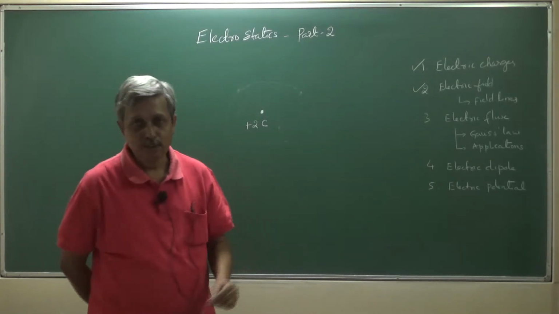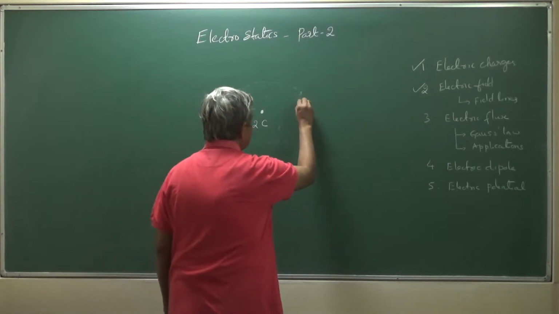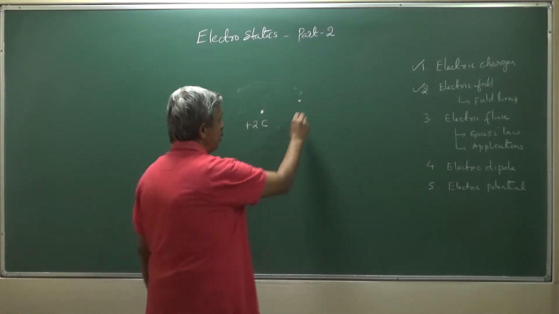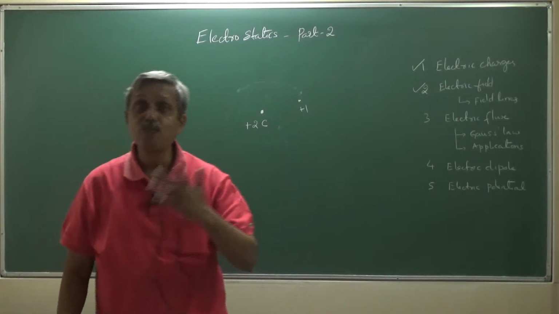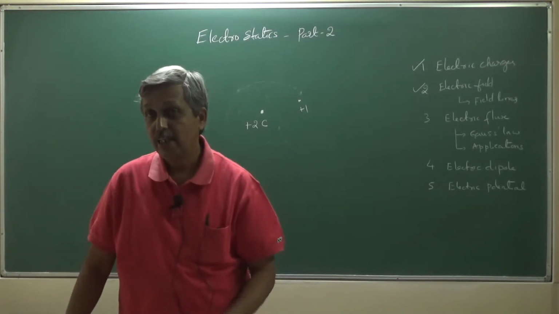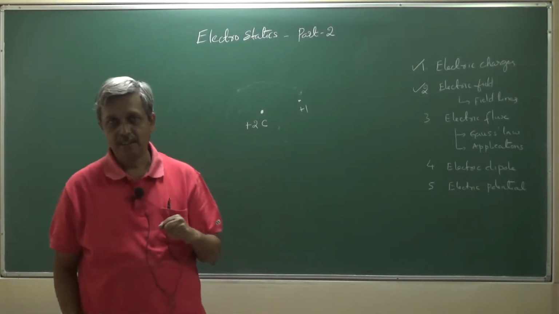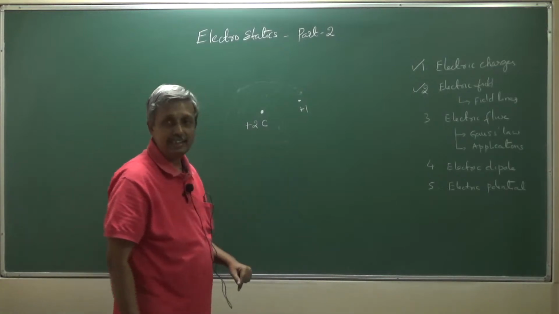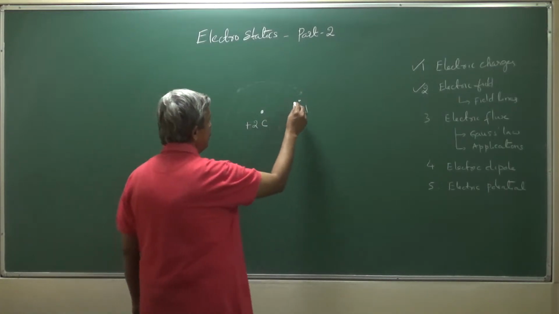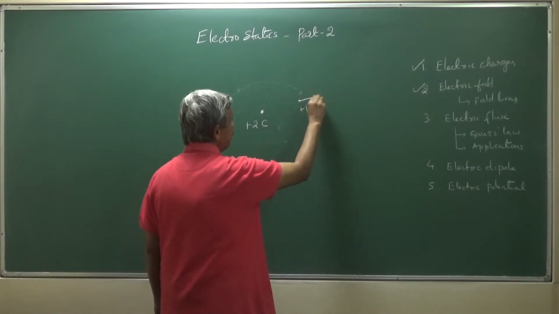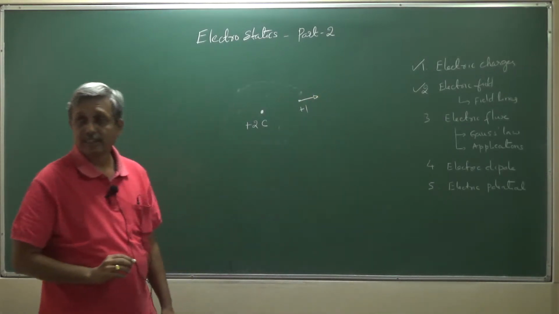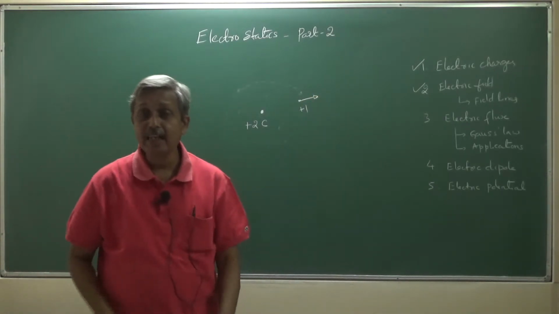If you keep one small positive charge, plus one, somewhere here, how much force will it experience, and in which direction? In this case, we can clearly see the force because both are positive, so it will be repulsive. That is the direction of the force.